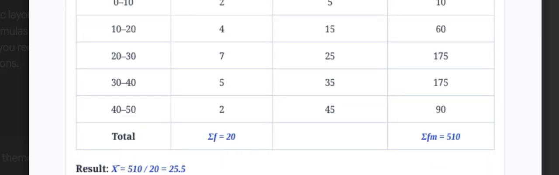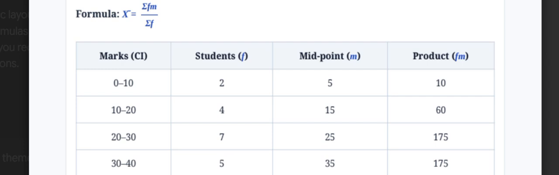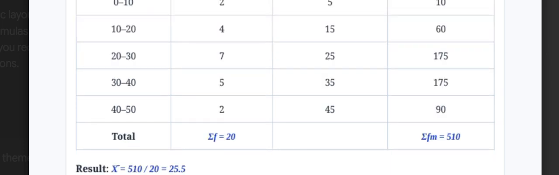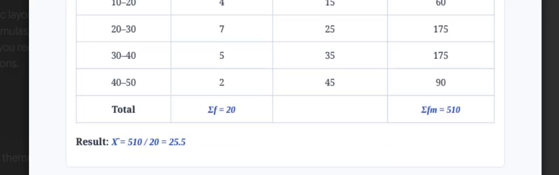And the total number of students in the class is 20. So apply the formula. The formula is sigma fm upon sigma f. This is how you can calculate the arithmetic mean with the direct method here. Okay, clear?